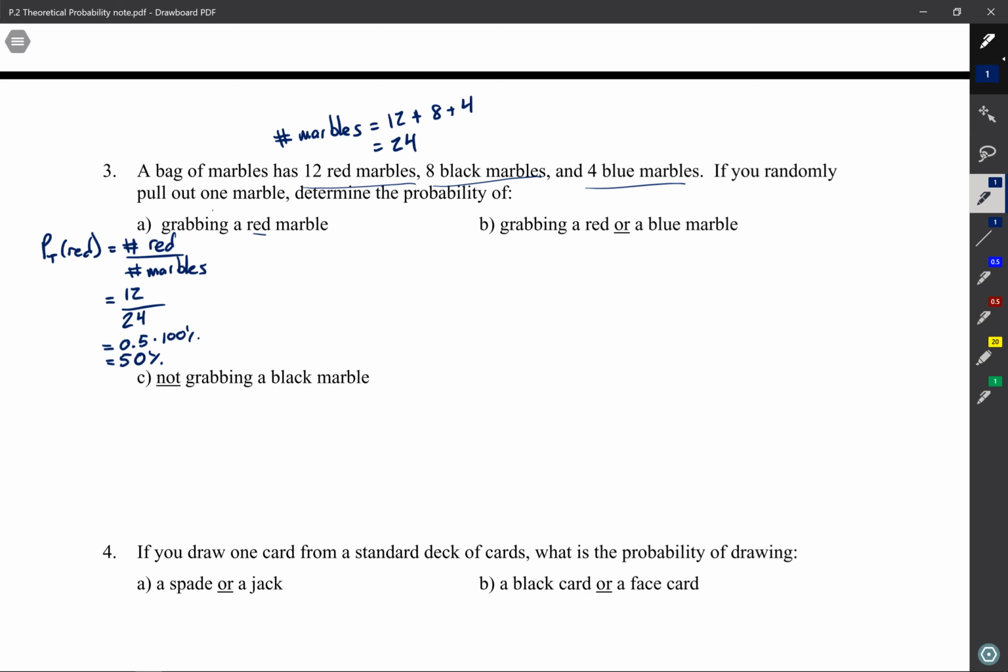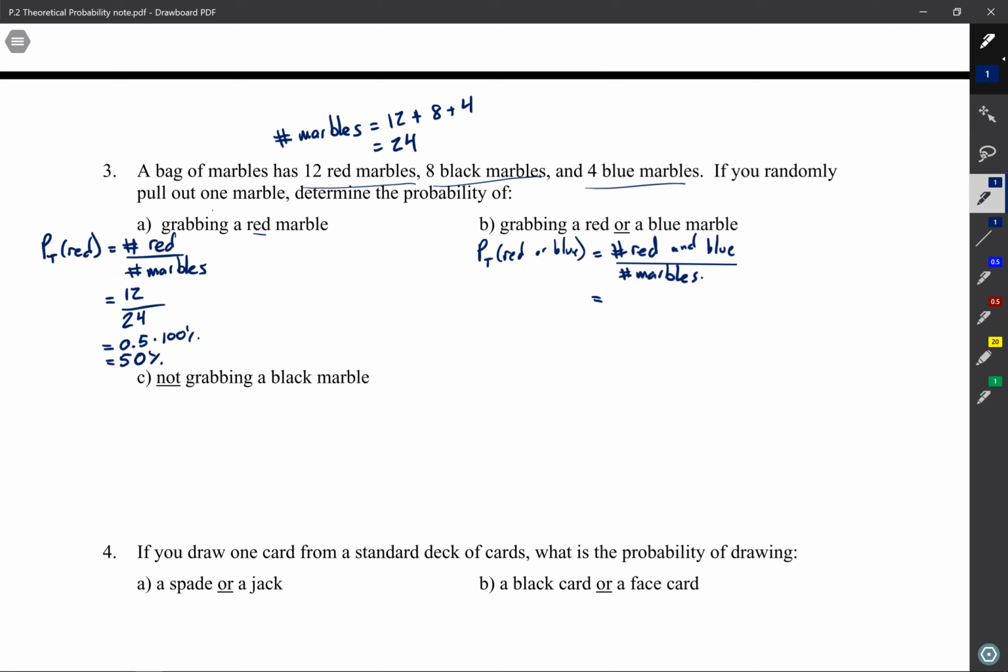Now next, we're going to look at grabbing a red or a blue marble. Again, the theoretical probability, red or blue, equals the number of red and blue marbles divided by our total number of marbles.